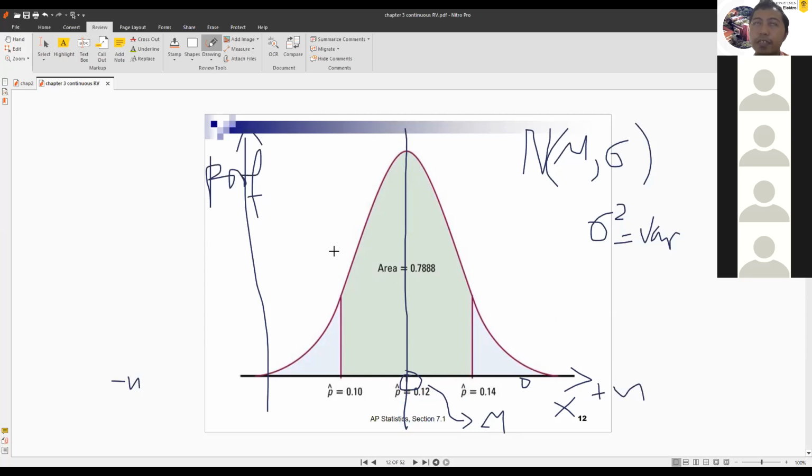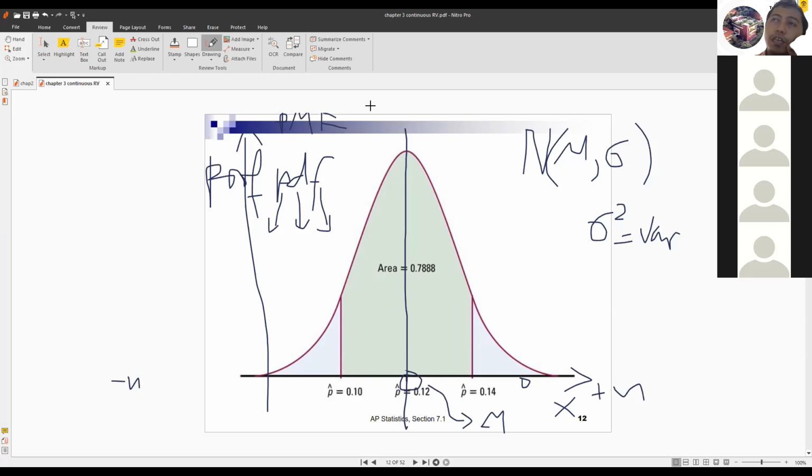You can remember that in a discrete random variable, this graph is a PMF, probability mass function. But for continuous, we say PDF, probability density function.